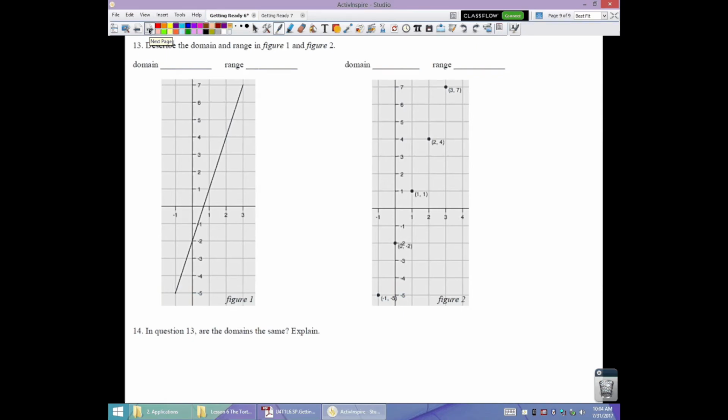Okay, number 13. We have a line, and they did not specifically indicate endpoints with large black dots, but I'm assuming that they wanted us to end that line where we see it stop. So this one, our domain would go everything from -1 to 3.